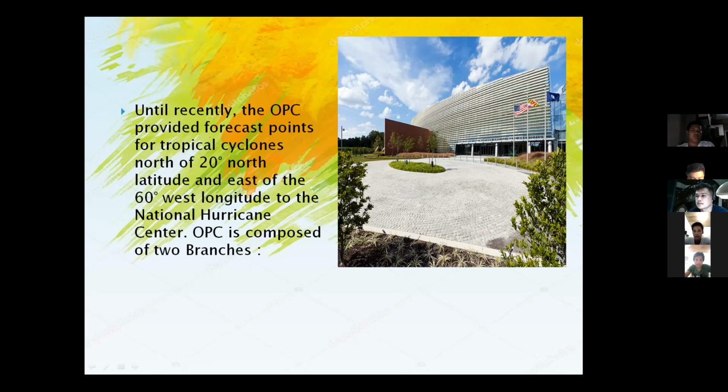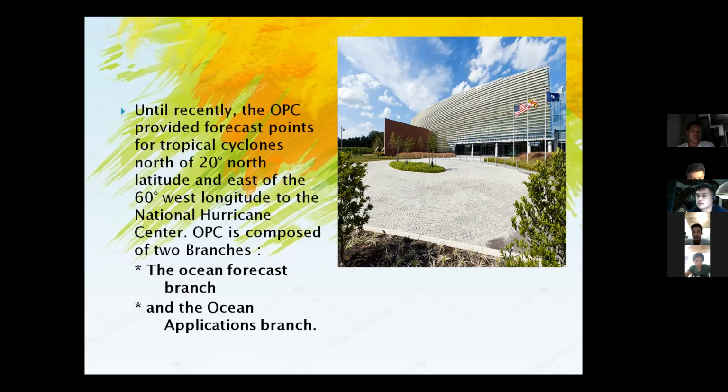OPC is composed of two branches, namely the Ocean Forecast Branch and the Ocean Applications Branch. The Ocean Forecast Branch issues warnings and dangers, while the Ocean Applications Branch plays an important role in enhancing Ocean Prediction Center operations and services.